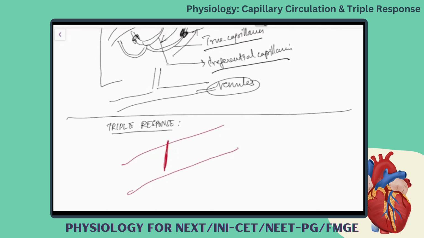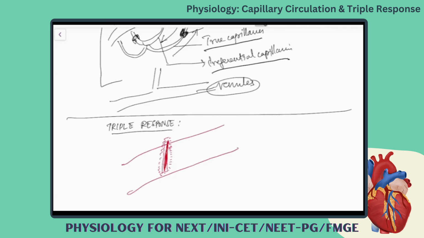Yes or no? Later on, surrounding this red line, you have slightly reddish skin. And later on, after some time, this center red zone becomes bulged. So these three events, you can try by taking your pen cap and scratching your skin.